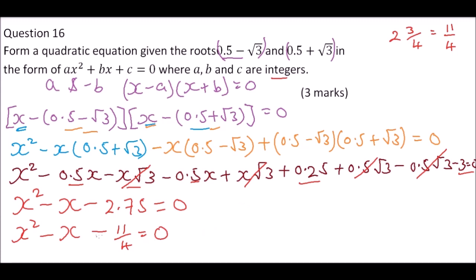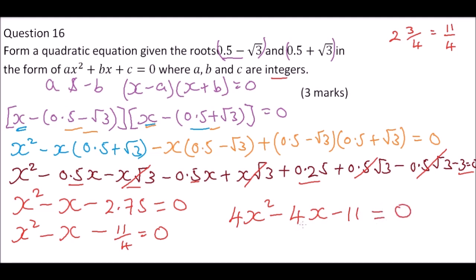We multiply every term by 4. So this will give us 4x squared minus 4x, and 11 over 4 times 4 will give us 11. So that is minus 11 is equal to 0.